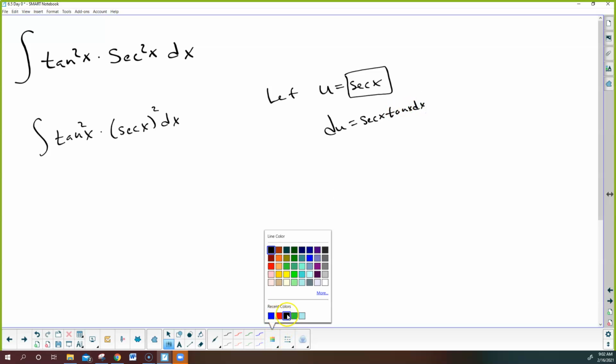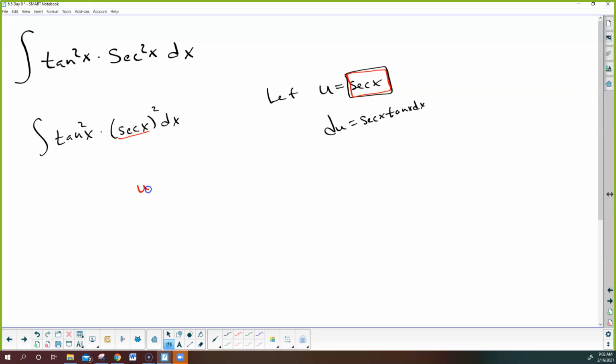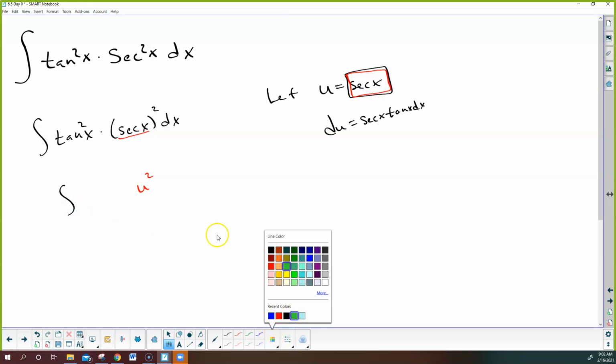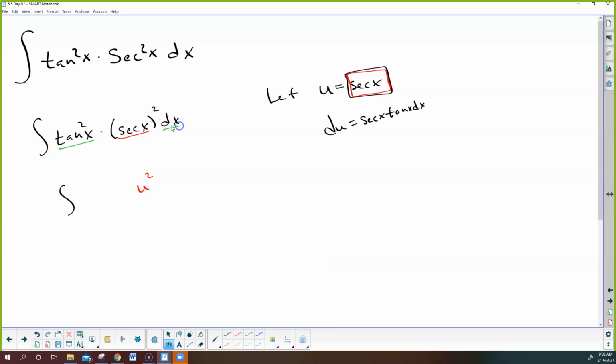dx. Now, our goal is, if I'm going to replace the u with secant, so this part would be u, so that'll be u squared, then I have to take the dx, and the tangent squared of x has to be replaced by whatever this is.